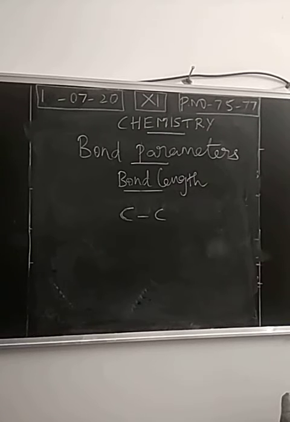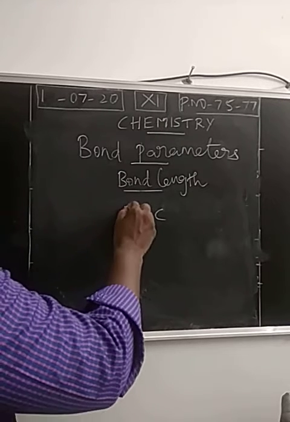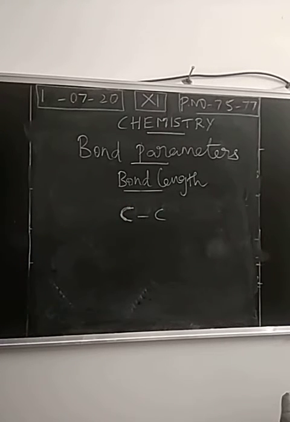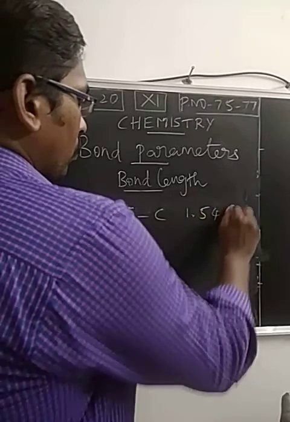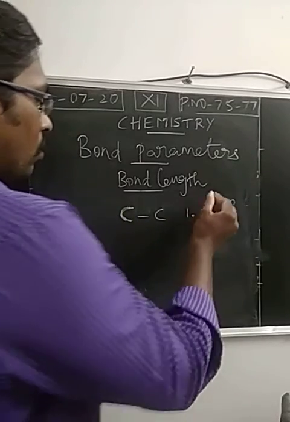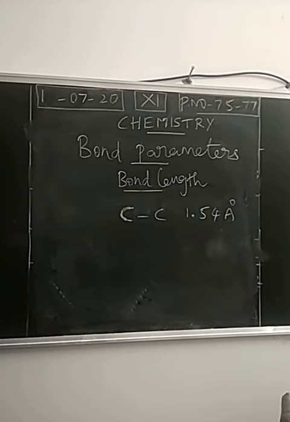Both are similar atoms. So the bond length between the nuclei of 2 carbon atoms is 1.54 angstrom.